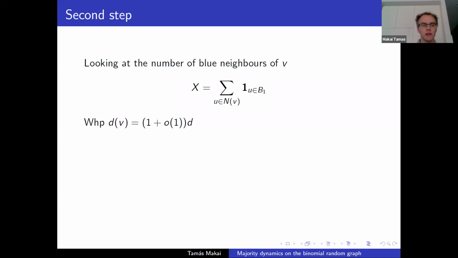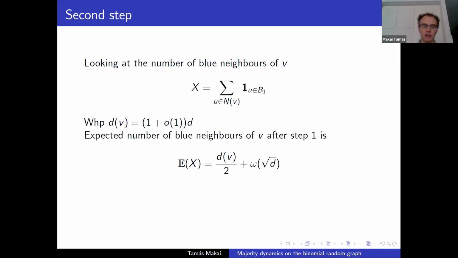Since we're in a binomial random graph, with high probability the degree of V will be close to D. That means that based on our previous calculations, we know the expected value of X is just the degree of V divided by 2 plus an omega root D term.